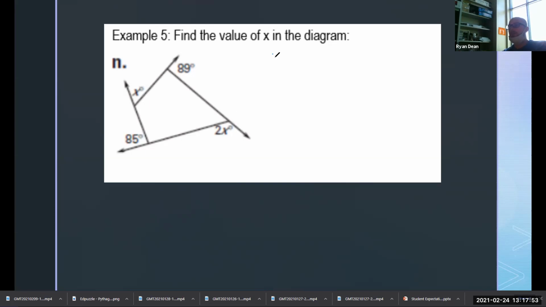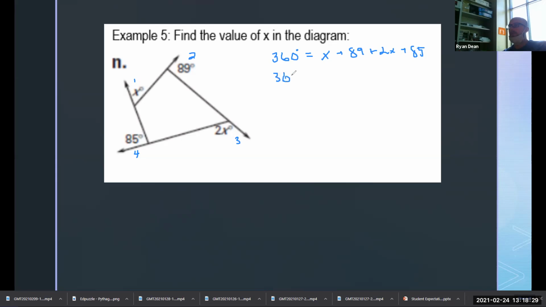So our sum is 360 degrees. And that's going to be equal to me adding all of these together. I'm going to add up all of the outside angles together, and the total sum is going to be equal to 360 degrees. So the way that that looks, I'm just going to label these as 1, 2, 3, and 4. I'm going to add the x plus the 89 plus the 2x plus the 85.